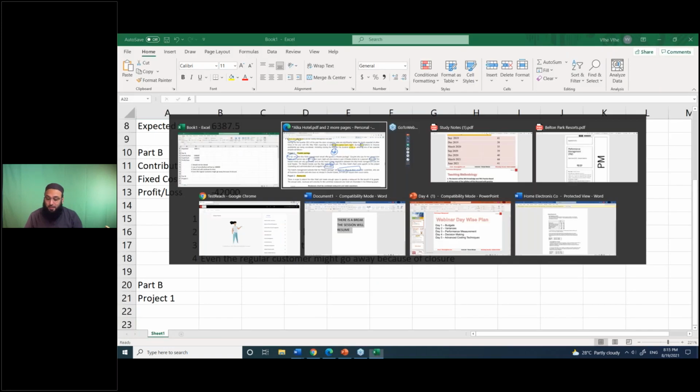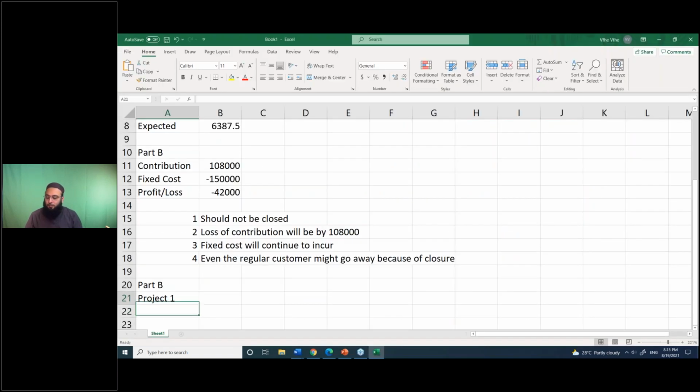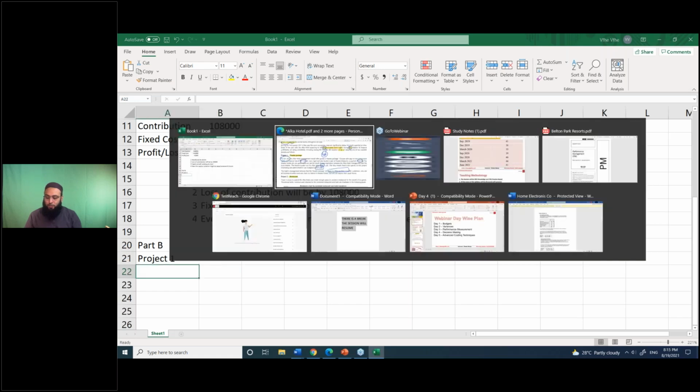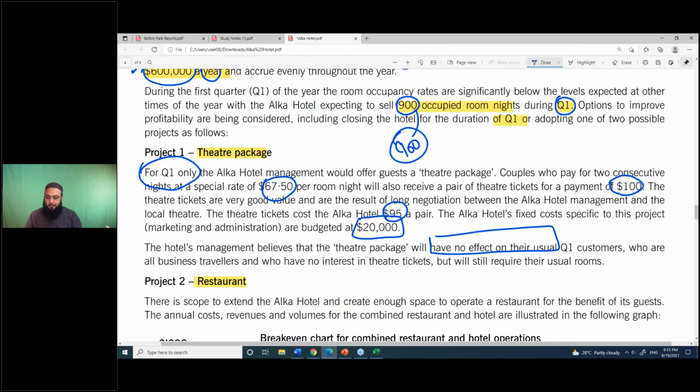So what's the project 1 here? Project 1 is about the theater package. And let's now think how we need to work out this. So be with me and let's have a look exactly what we need to do.